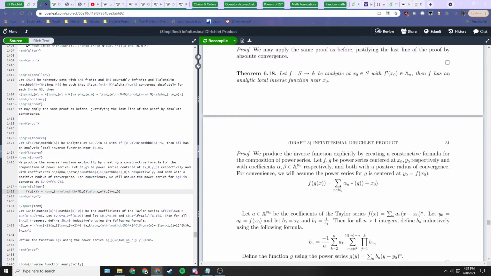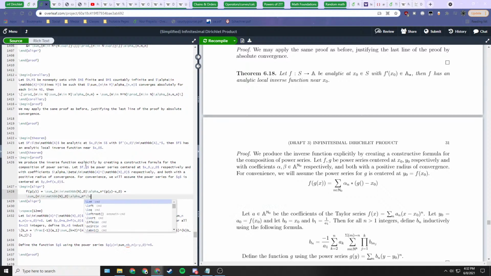Then we have f of g of y minus x0, and this is just the summation over n in naturals, n0, of alpha sub n multiplied by negative x0. Is this what we want to do? Let me think.